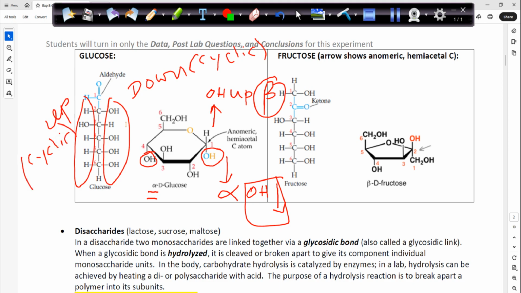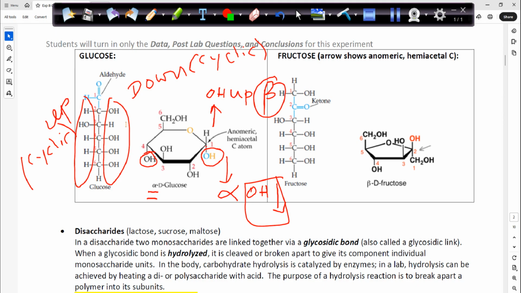In the line structure, the right one is down and the left one is at the top. So you can see the OH is here, correct? It is down, so it will be alpha.